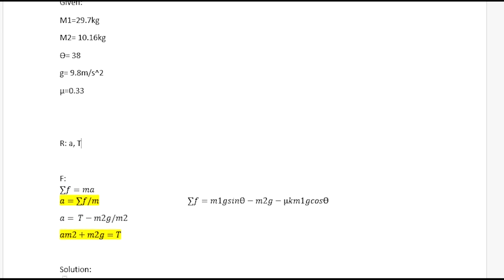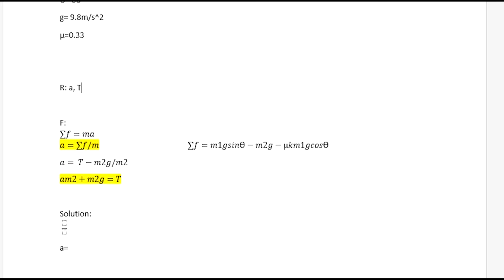And the acceleration is equivalent to the tension minus m2g divided by m2, or the formula for the tension is T is equivalent to acceleration multiplied by m2, or the second mass, plus m2g.